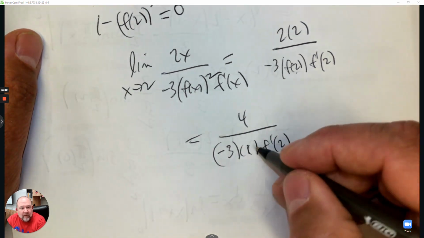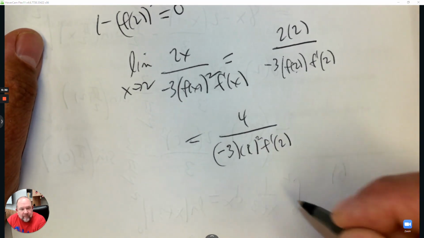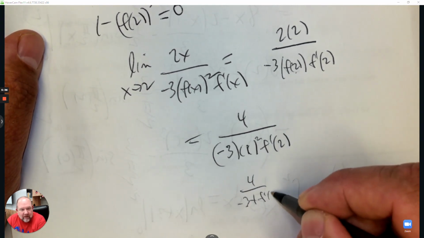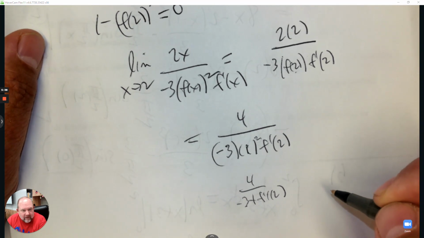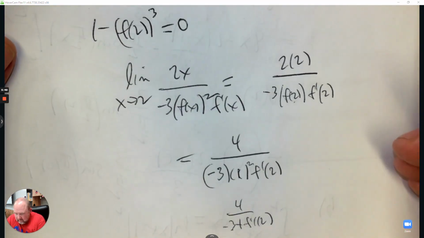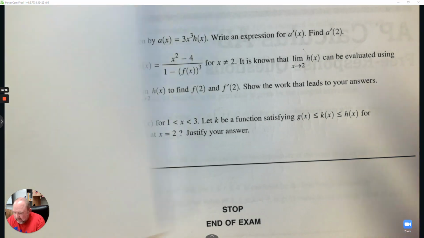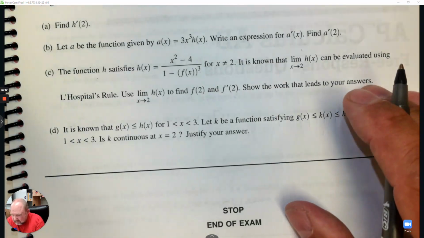Oh, it's squared, right? That doesn't matter. It's still going to give me 4 over negative 3 plus f prime at 2. What am I going to do next? F prime at 2, what would it give me?